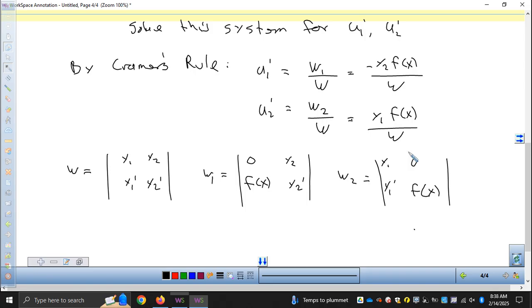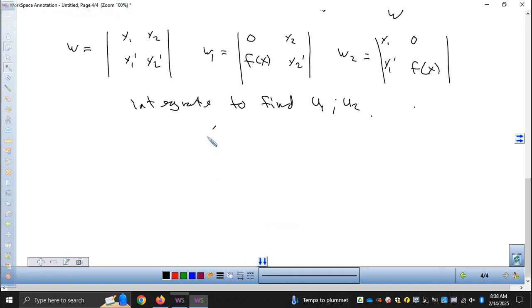Then we multiply u1 by y1 and u2 by y2, and y sub p is u1 y1 plus u2 y2.